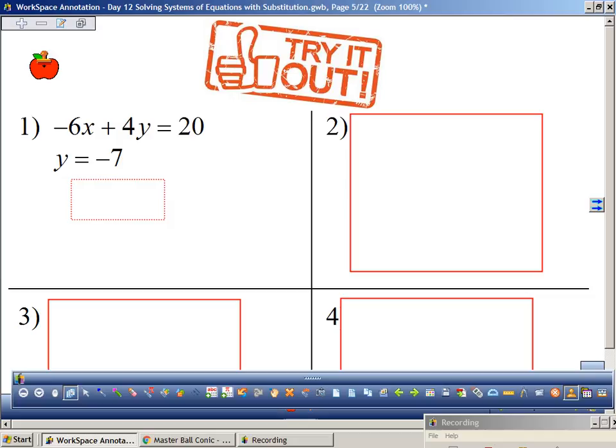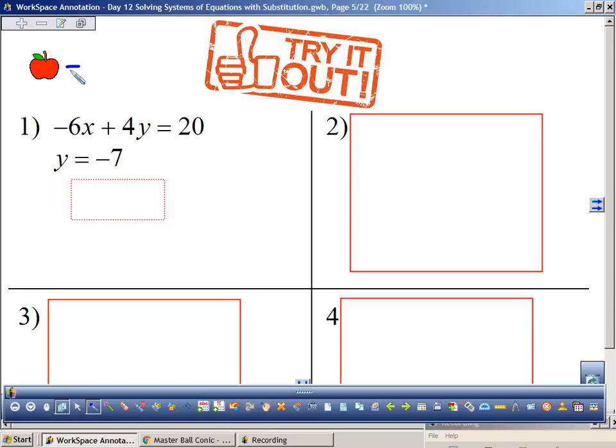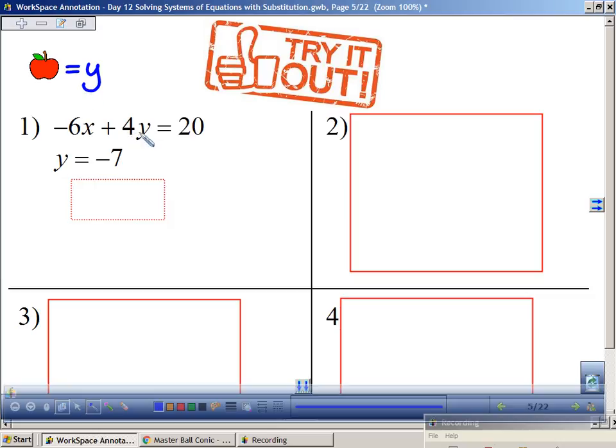There's an apple, right? Apple equals y. So how many apples do I have? I have 4 apples right here.